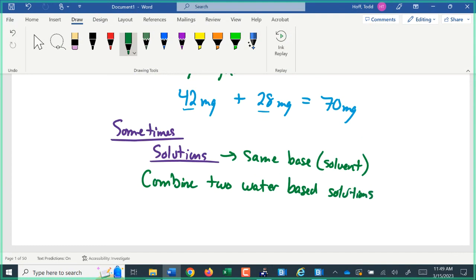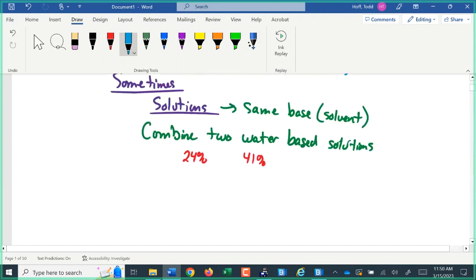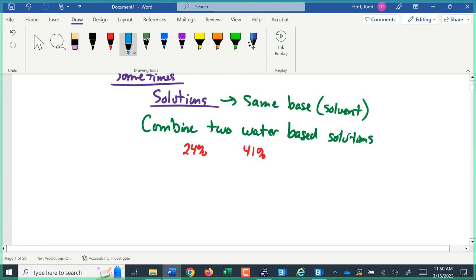So if I'm combining two water-based solutions, they might be different concentrations. Let's say I'm looking at a 24% solution and a 41% solution, but they're both water-based, so they're both some sort of serum in water solution.